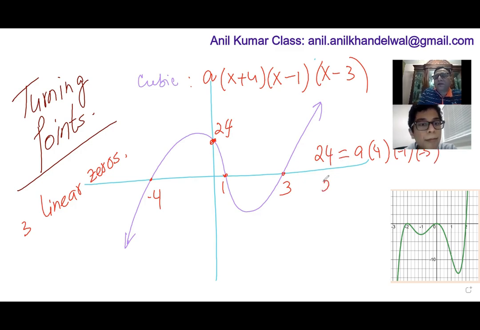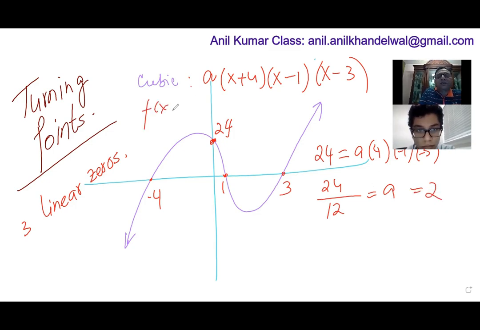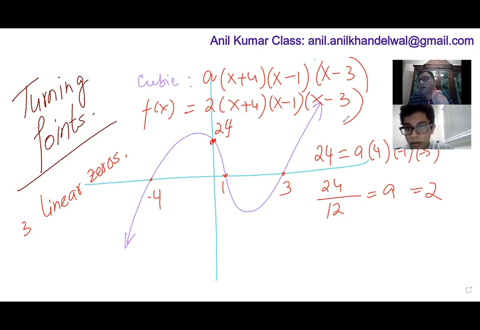So we can calculate the value of a as 4 times 3 is 12. A is equal to 2, right? And therefore, my polynomial function, let us say f of x, is basically equal to 2 times x plus 4 times x minus 1 times x minus 3. Do you see that? We have actually found the equation from the curve. You get the idea.